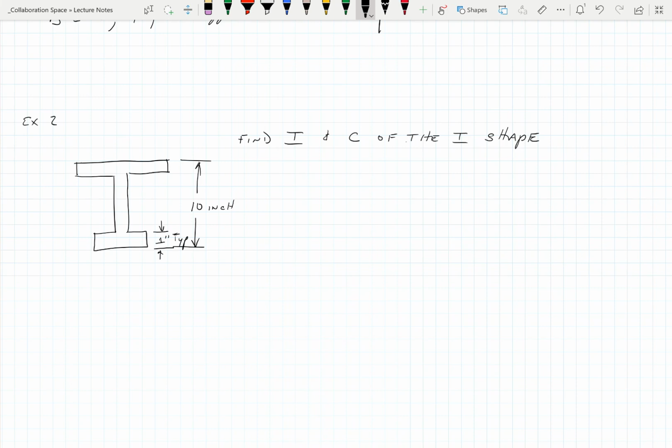So 1, 1, 2 is 8. Let's do 8 inches in here. And let's make this 6 inches. Nice to put your arrows in the same place. And let's make this 10 inches.